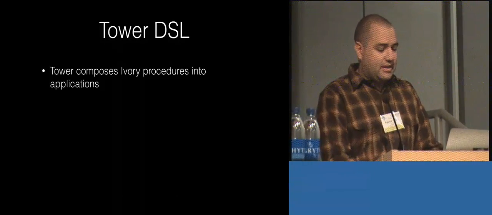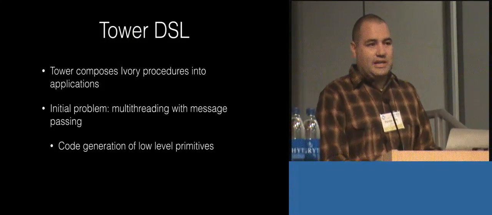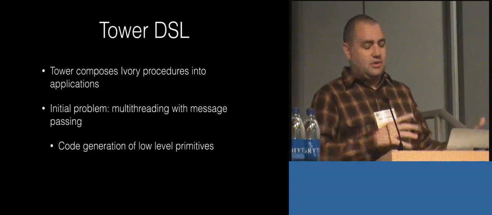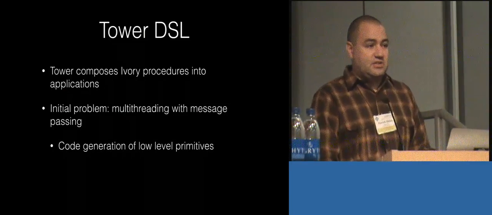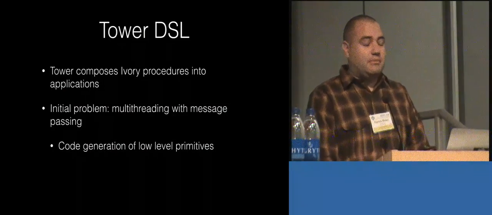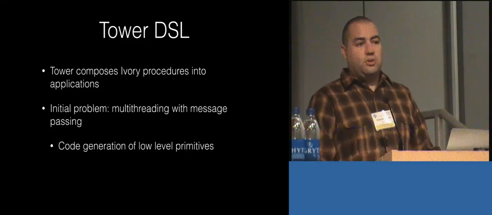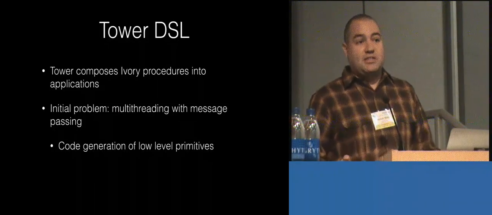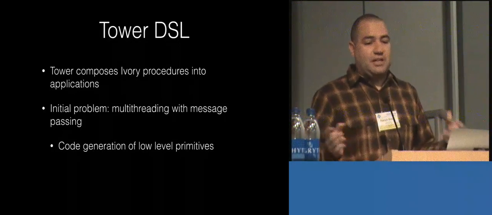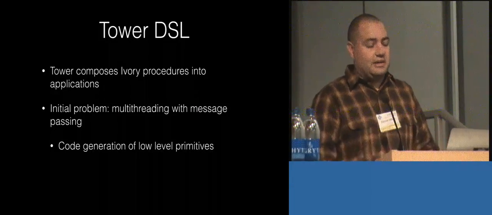We made the Tower DSL as a way of organizing, rather than just procedures, an entire application. The initial problem we had there was we needed to connect all these different program components into threads and pass messages between them. So we wanted to code generate the low-level operating system primitives, which are often untyped or complicated to use because they're just locking and unlocking.